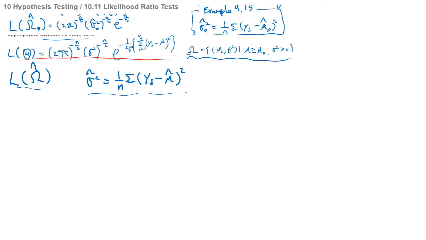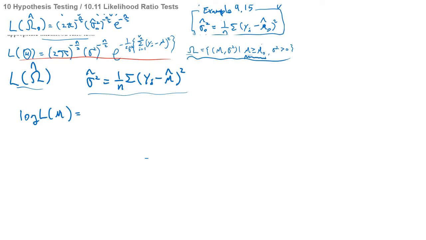The range of mu in the omega space is this. Let's calculate the MLE for mu. Firstly, let's take the log of L(mu).